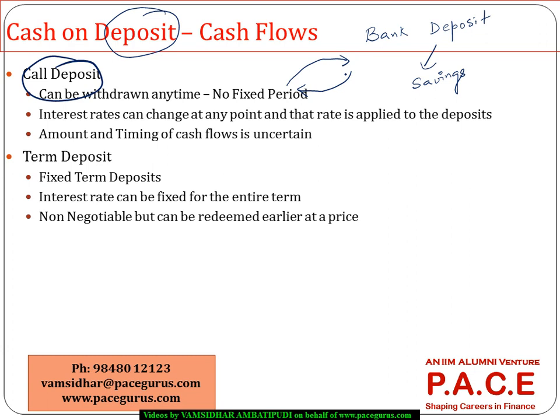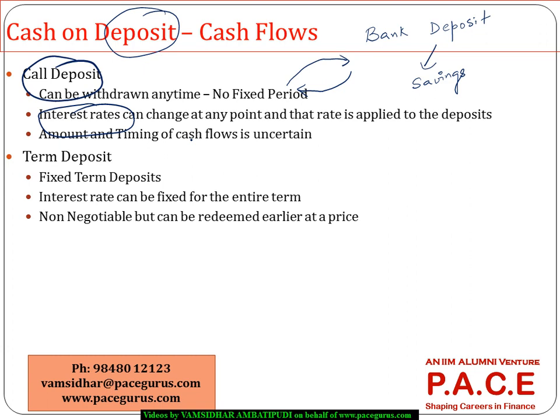So there is no fixedness in the period, and no fixedness in the amount that you can deposit and withdraw. At the same time, the interest rates on your savings accounts can very well be changed by the bank without any prior intimation to you. So the deposit which you have made today might undergo different interest rates at different points in time, which is not fixed for the period of your investment.